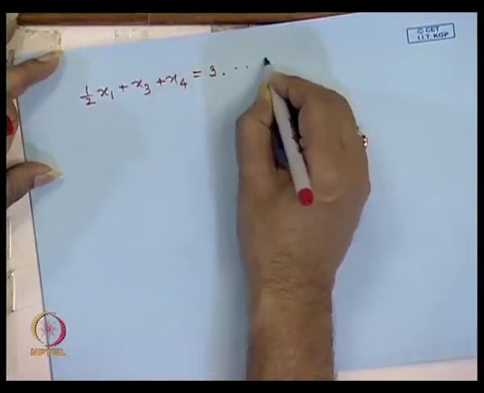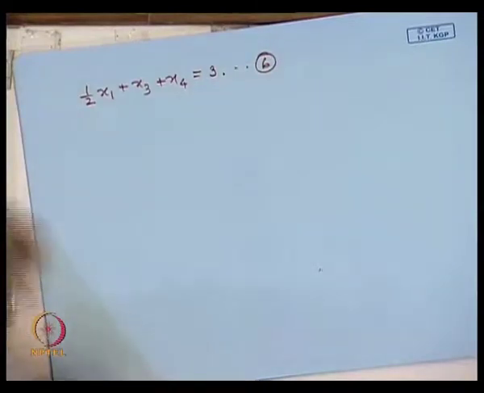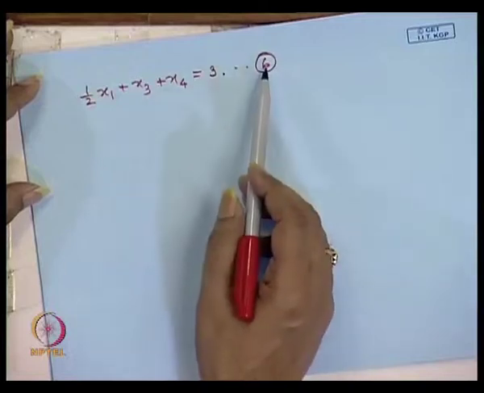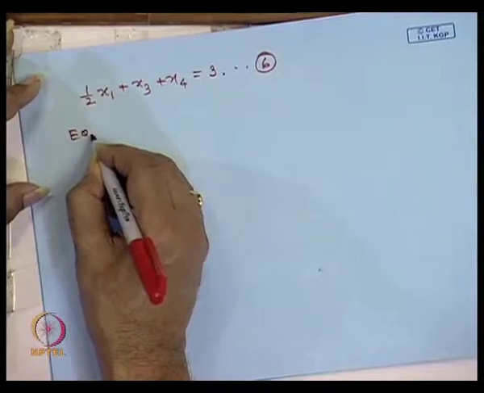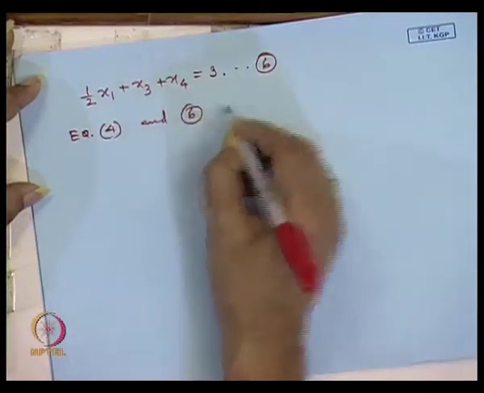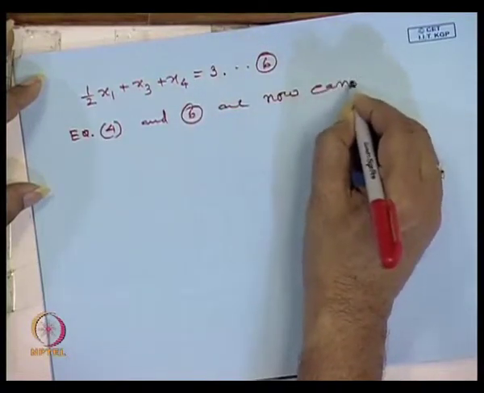Let us call this equation number 6. Now equations 4 and 6 are in canonical form.